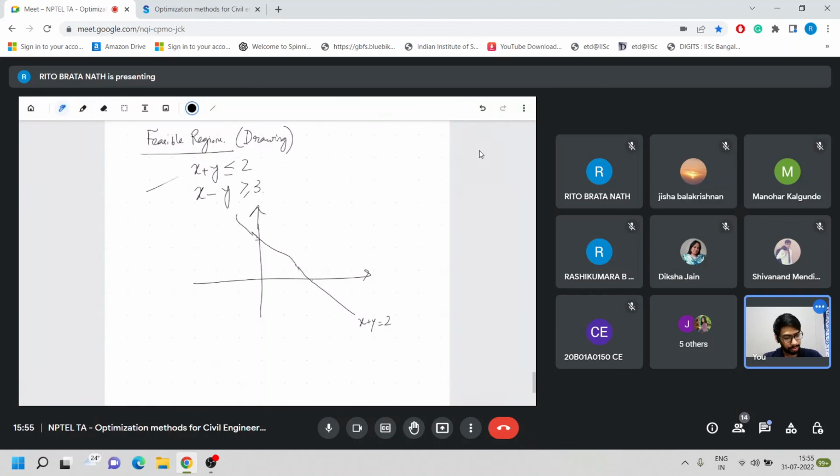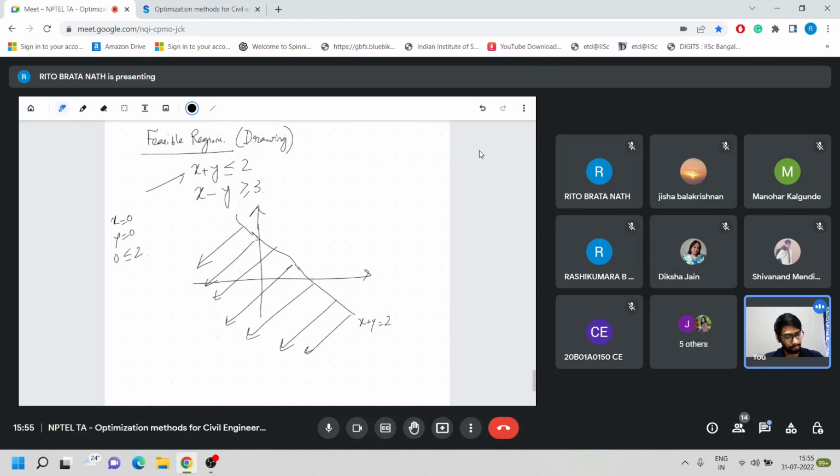If you put the origin, x equals 0, y equals 0, you get 0 less than or equal to 2, so the origin is a feasible point. So this is your feasible region for this equation. Then we take x minus y greater than or equal to 3.